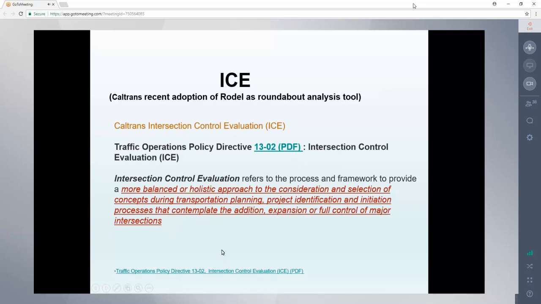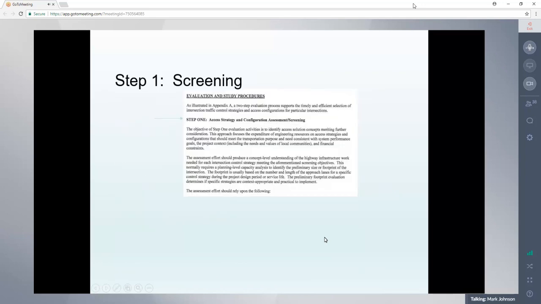In general, every state and agency often has slightly different terminology around their intersection control evaluation process. But at the end of the day, it refers to a process or framework to provide evaluation and selection of design concepts for intersections and the connecting roadways.